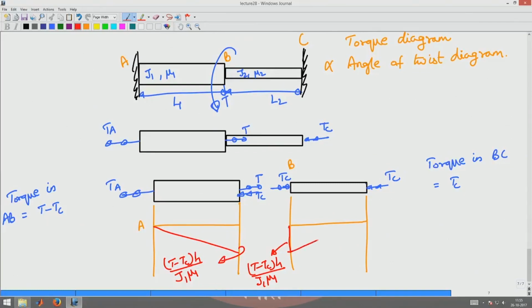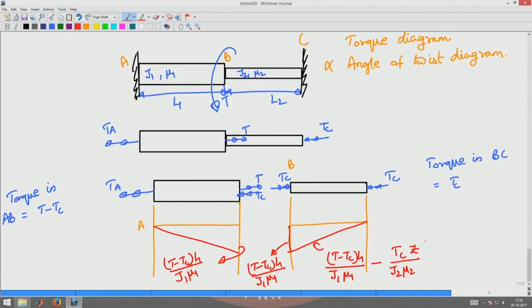So it will decrease down to 0 because that end is fixed. Okay. And the slope of this decreasing function is given by T minus Tc times L1 by J1 mu 1 minus Tc into Z by J2 mu 2. Okay.